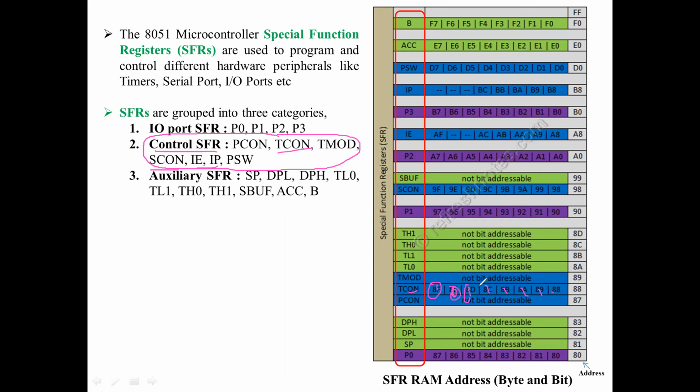You have to study and understand it, and then set or reset it so that your controller will get into timer mode, that is, it will do delay operation. Additionally, for timer, serial communication or interrupt, we have some additional registers, and that's why we say auxiliary.